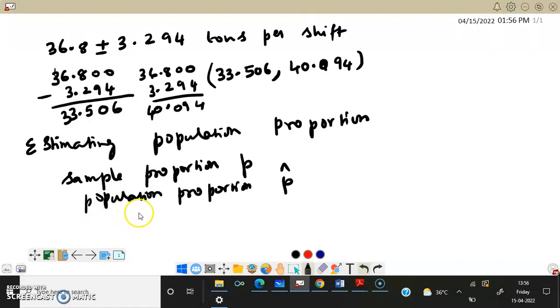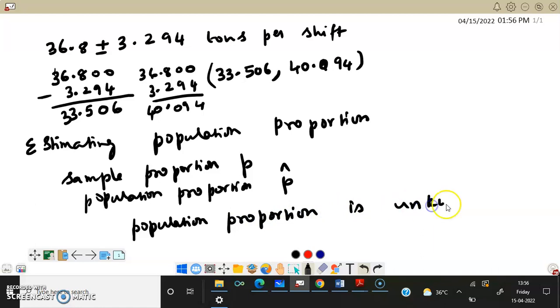When the population proportion is unknown, we can estimate the population parameter by substituting the corresponding sample statistics.